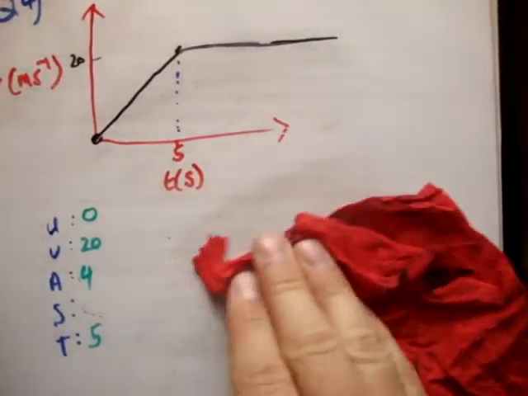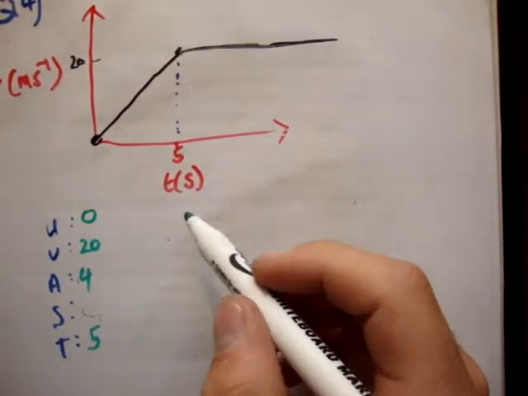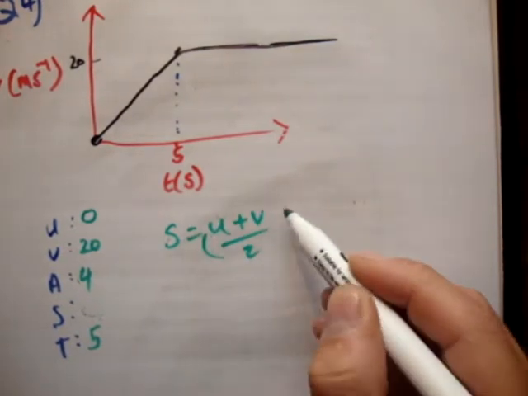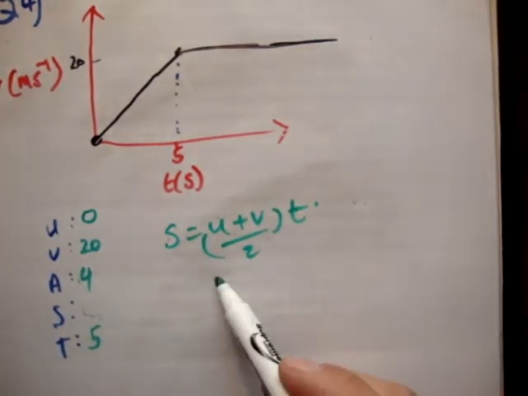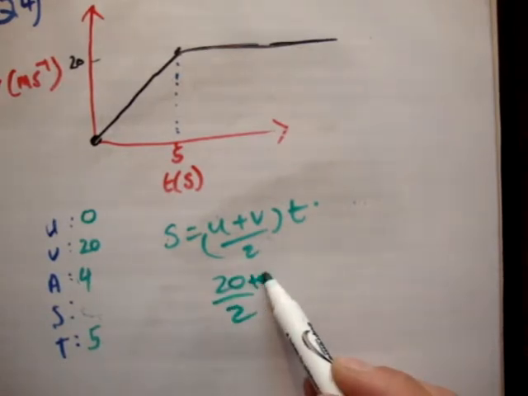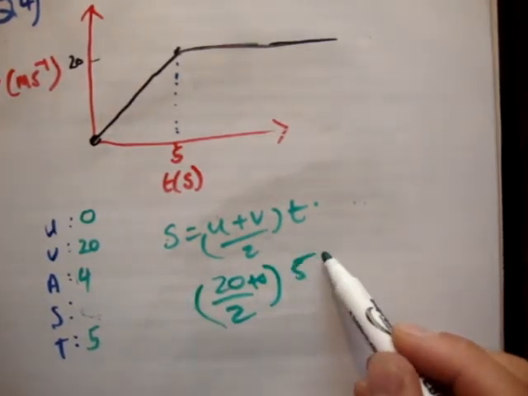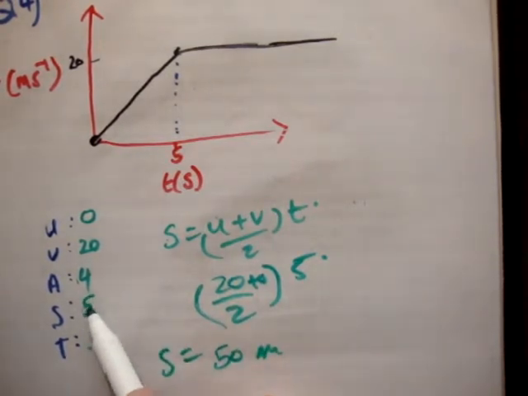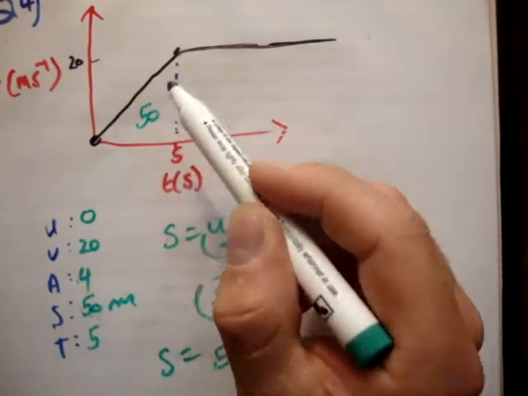We'll get the distance just because we can. So s is equal to u plus v over 2 times t, which is 20 over 2 times 5, which is 10 times 5, equal to 50 meters.